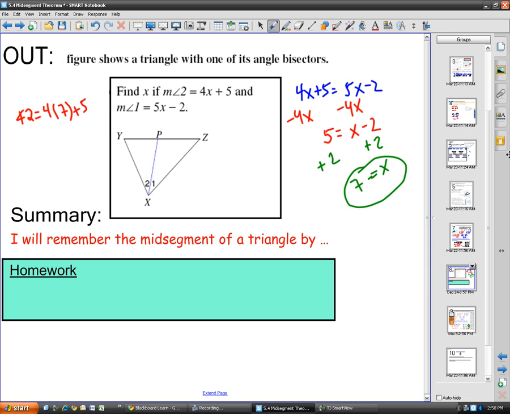Well, 4 times 7 is 28, plus 5, I believe, comes out to be 33. And down here, we end up with 35 minus 2, which is also 33, which would make sense because they told us they were angle bisectors. Angle bisectors mean it cuts it in half.